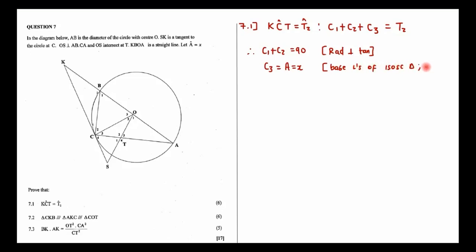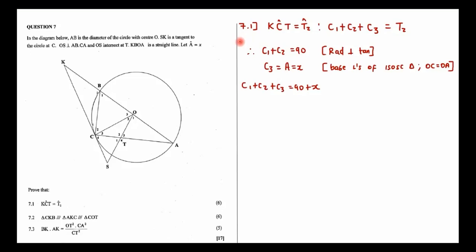Now here I need to specify that OC is the same as OA, just to show that we're talking about radii here, right? From there we can see that C1 plus C2 plus C3 is 90 plus X, right?